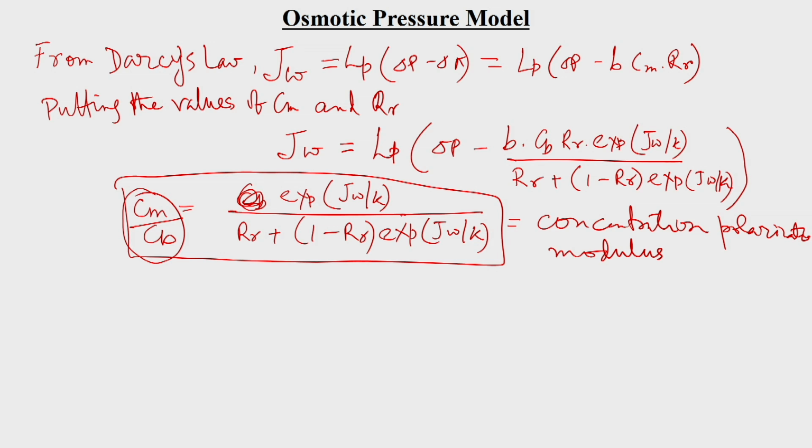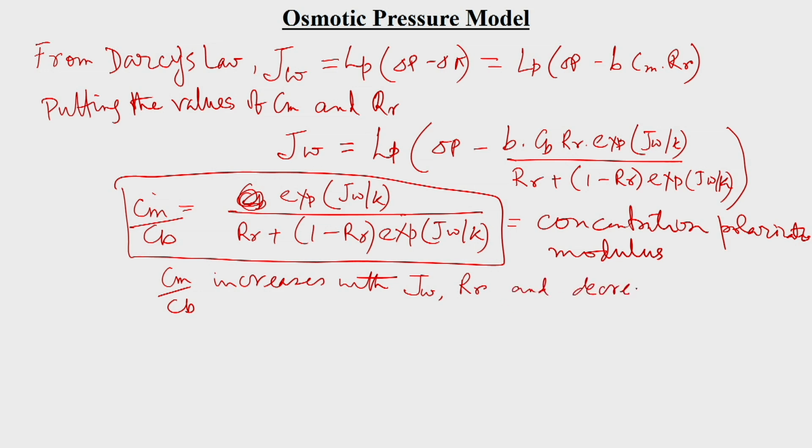So, Cm by Cb increases with Jw and Rr and decreases with the k value. Okay.